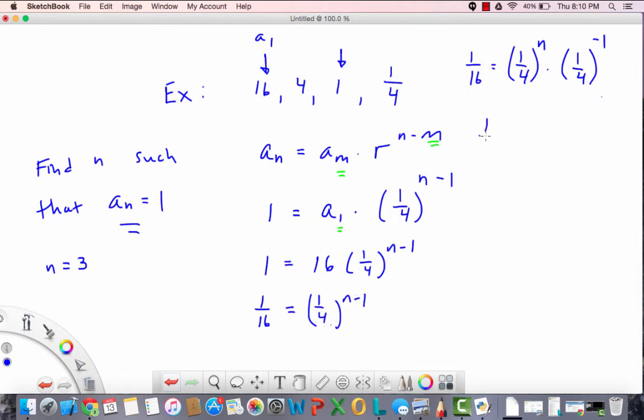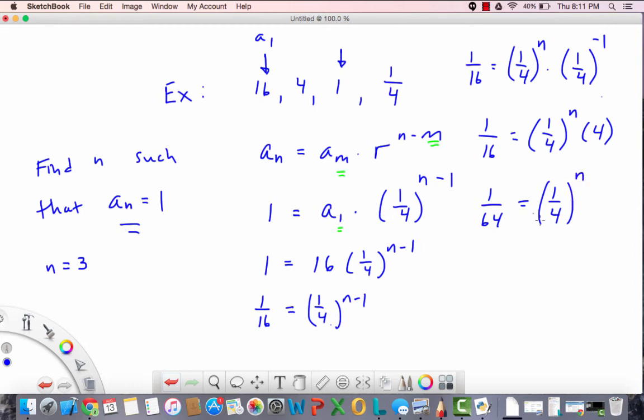Let's keep going. 1/16 equals 1/4 to the n times, what is 1/4 to the negative 1? Well, that's simply 4. Let's divide both sides by 4. That's 1/64 equals 1/4 to the n.